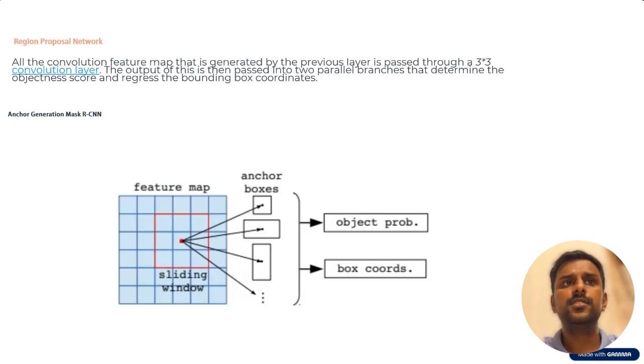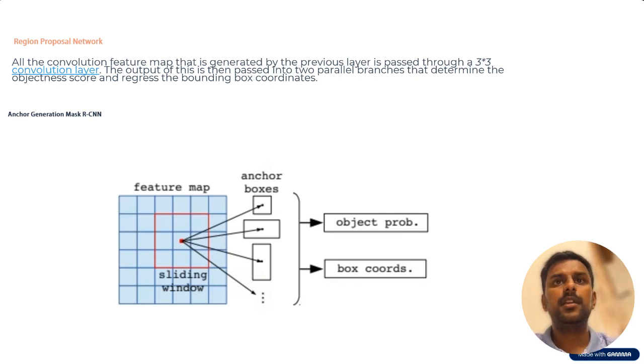So the next structure is the region proposal network. Here you can see that it is generated from the previous convolution layer of 3x3. The output is then passed to two parallel branches to determine the objectness score and regress the bounding box coordinates.